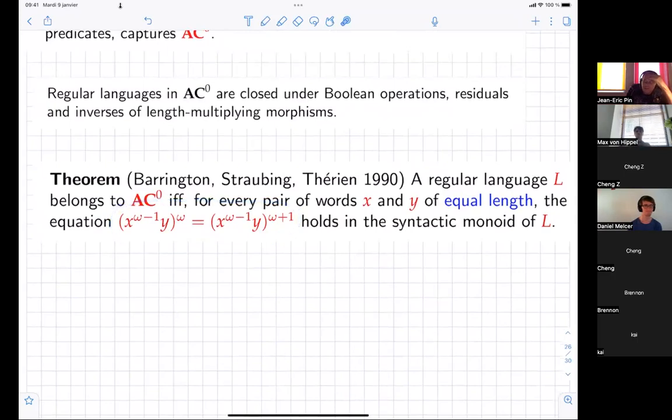The difference is that now you want to interpret x and y as words of equal length. So if you go back to my example before, you remember the syntactic monoid of A star, you would have to replace x by some word and y by some other word, but these two words should be of the same length. So we have this kind of result that tells you that you can characterize some classes.